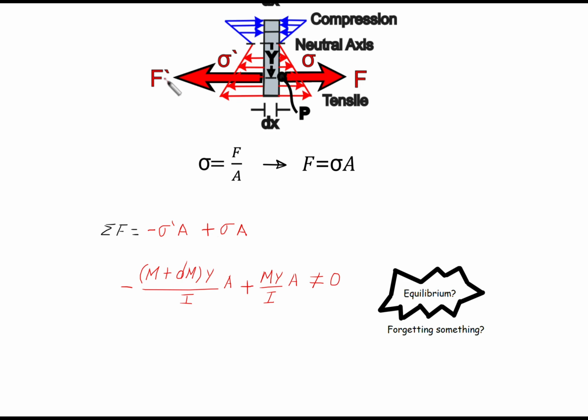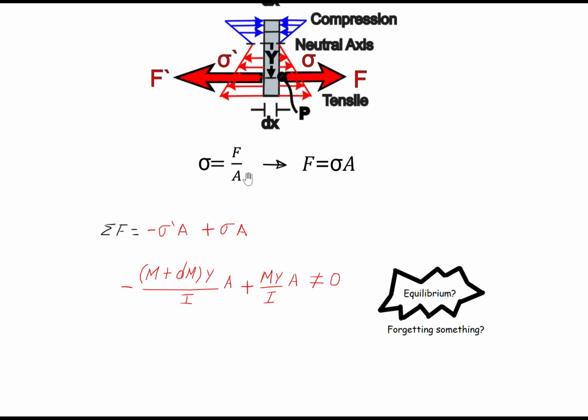So this force is equal to sigma prime times area, and this force is equal to sigma times area, isn't it? And this sigma prime is equal to (M plus dM) y over I, and this sigma is equal to My over I, isn't it?